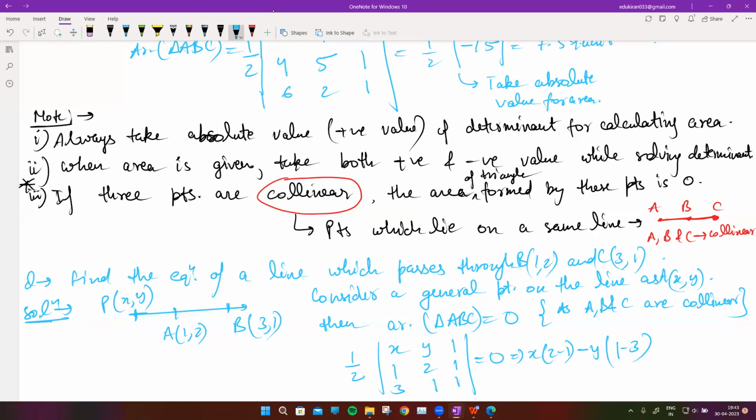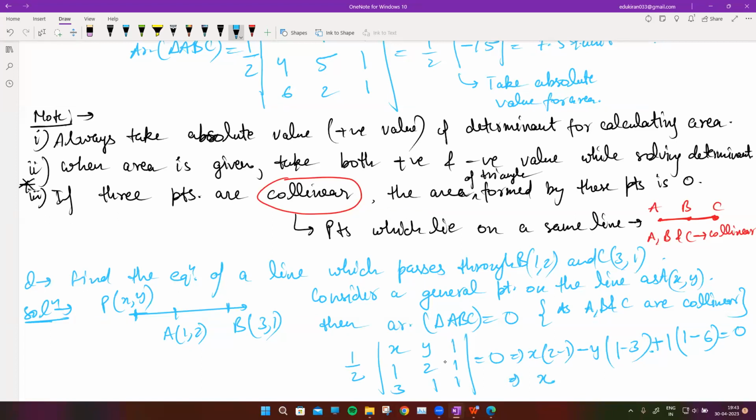We are left with 1, 1, 3, 1, which is 1 into 1 is 1, minus 3 into 1 is 3. Now, plus the third element of the first row, which is 1. If we delete its row and column, we are left with 1, 2, 3, 1, which is 1 minus 6. It should be 0. So we are left with 2 minus 1, which is 1.